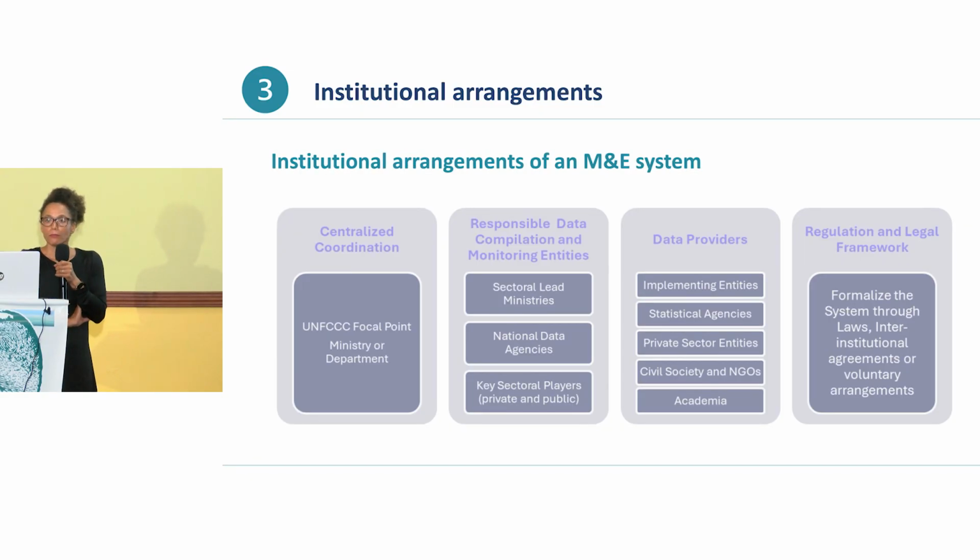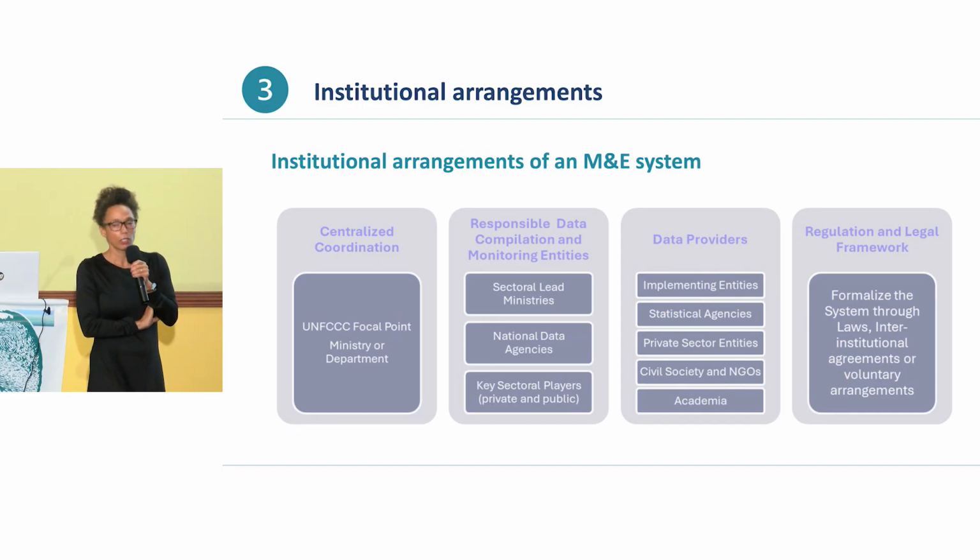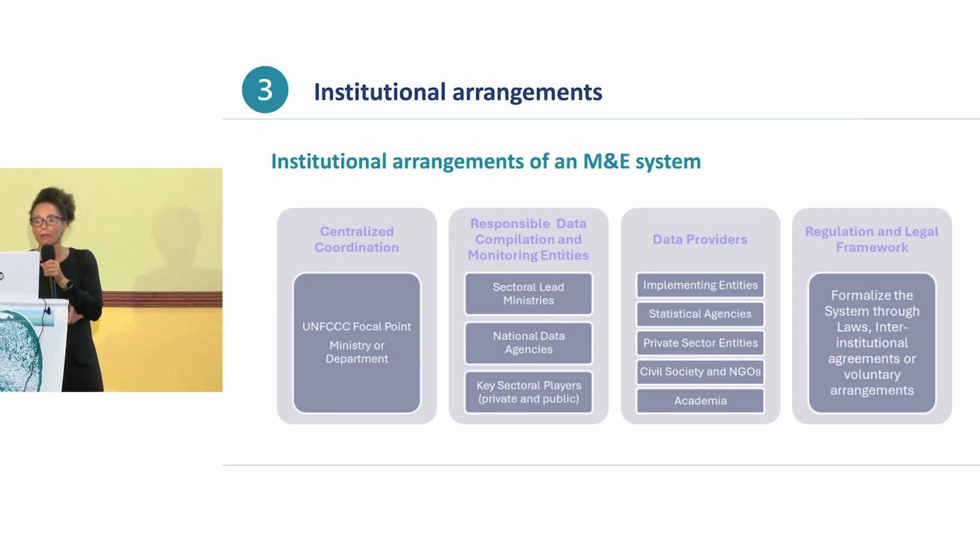So institutional arrangements in the system are a centralized, coordinated system. So this is usually a supranational institution, the United Nations Framework Convention on Climate Change. And then we have the ministries responsible for data compilation and monitoring the process.